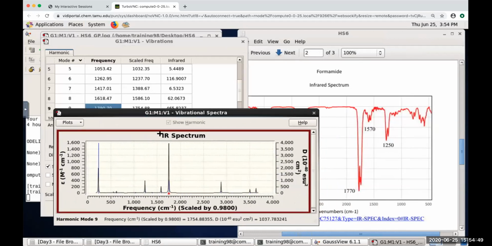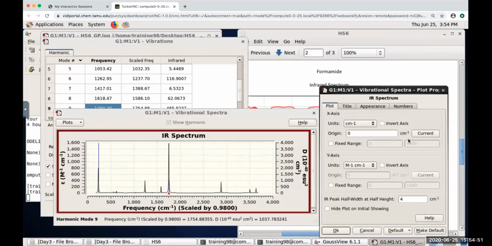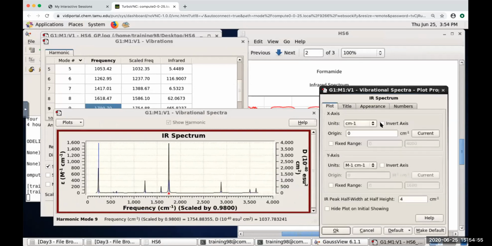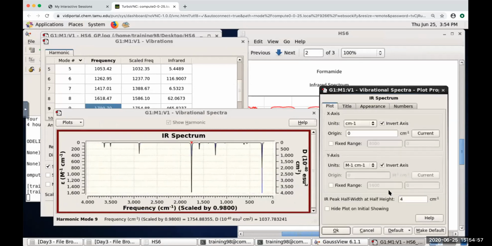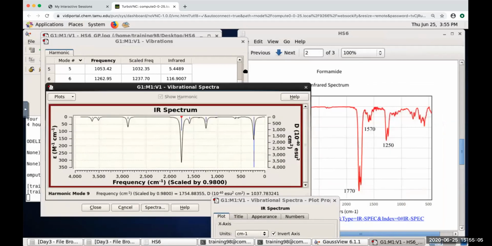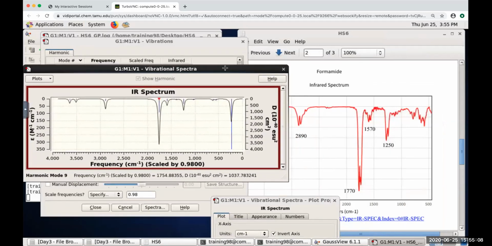So if you want this to compare, you can go into the properties, and you can change invert and the scaling or the broadening, so that it looks more like the experimental. One of the things that we're missing in ours is vibronic coupling. Sometimes those peaks will split a little bit with vibronic coupling, and we don't have that in our calculation. It's all to first order.